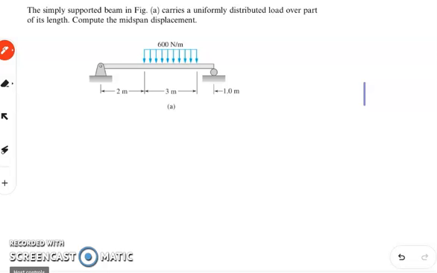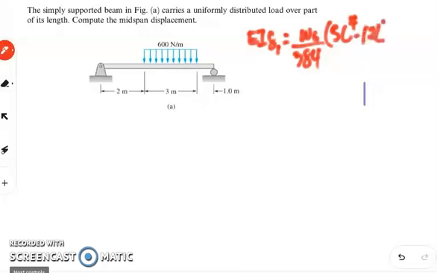The formula that you will be using is EI at the midspan is equal to W sub O all over 384 times 5 L to the fourth minus 12 L squared B squared plus 8B to the fourth. This is the formula from table 6.3 for a uniform loading.